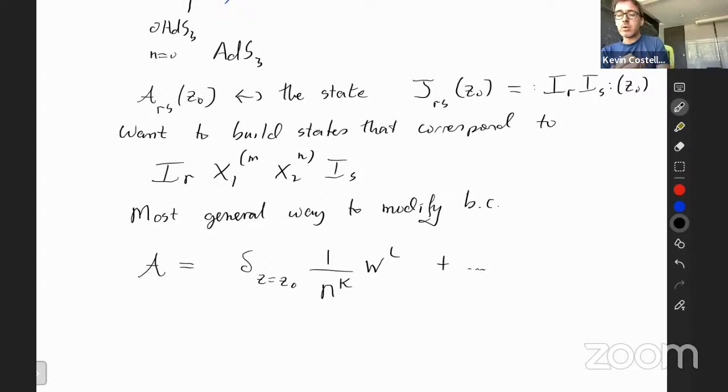Now, what possible values do we have here for these indices?